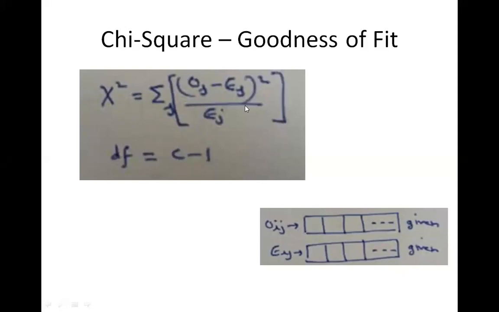Within bracket, square of difference between the observed and expected frequencies, divided by expected frequencies, and you assess the significance with respect to degree of freedom as number of columns minus 1. So this is the degree of freedom for test for goodness of fit.